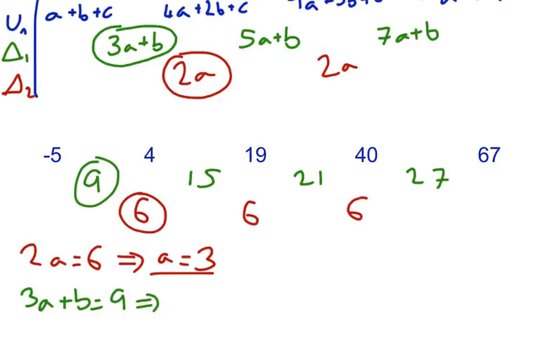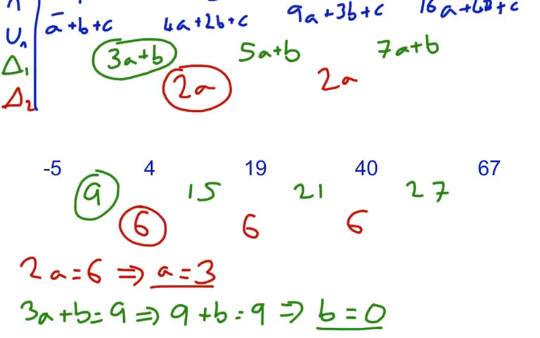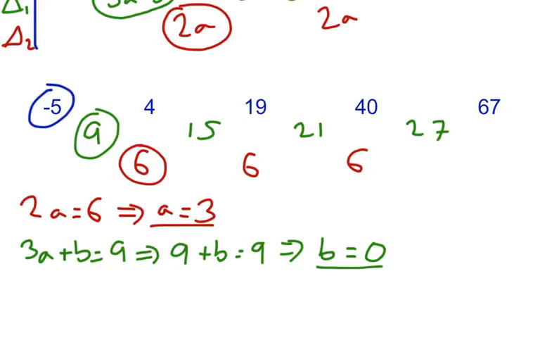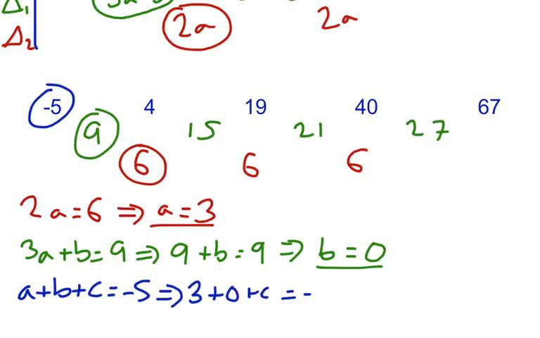But we know a is 3, so we get 9 plus b is equal to 9, which gives us b is equal to 0. And finally, we have a plus b plus c, and we compare that with the minus 5. So we get a plus b plus c is equal to minus 5. a is 3, b is 0, plus c is equal to minus 5. And that gives us a value of c is equal to minus 8.